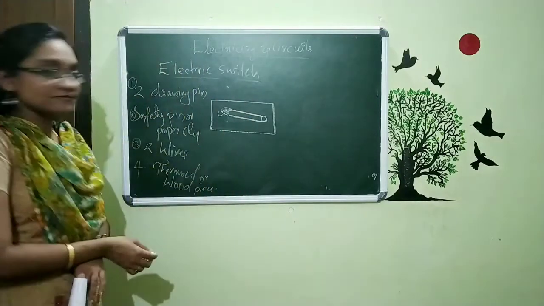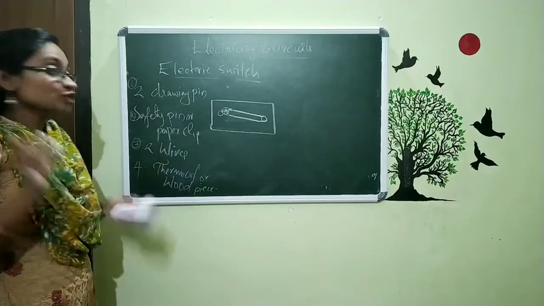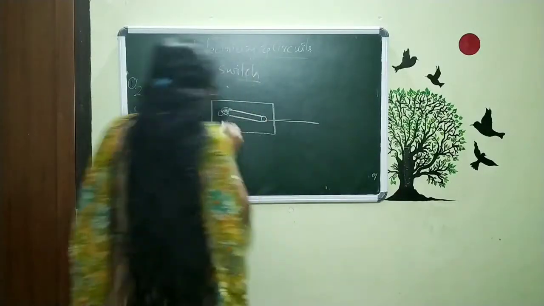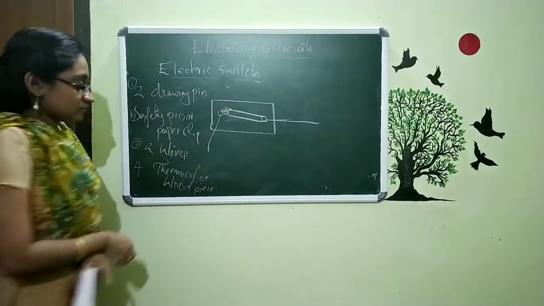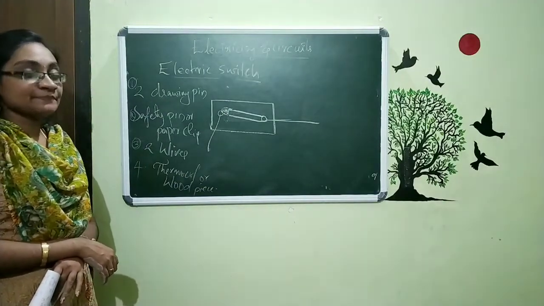And the next is these two wires. The two wires I can connect to this one pin and the other pin. So this is the setup. Now my setup is okay.